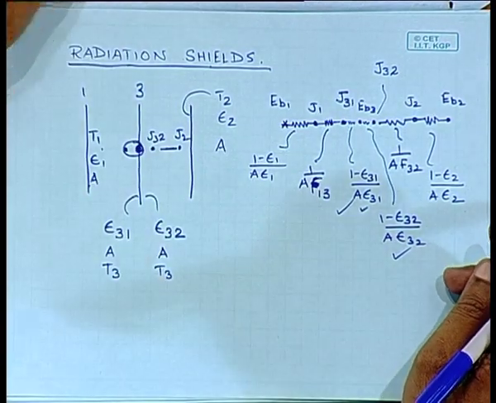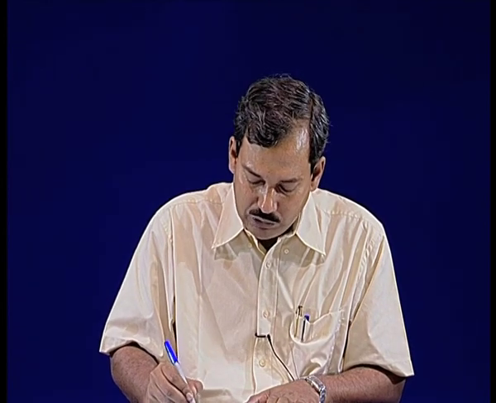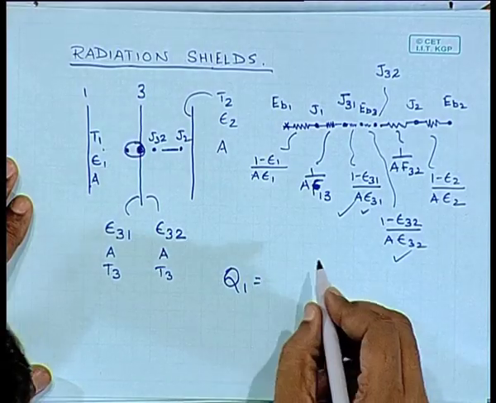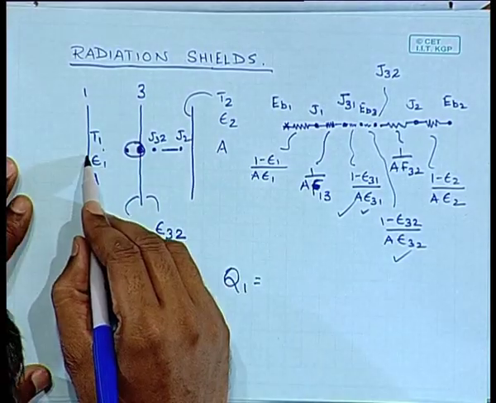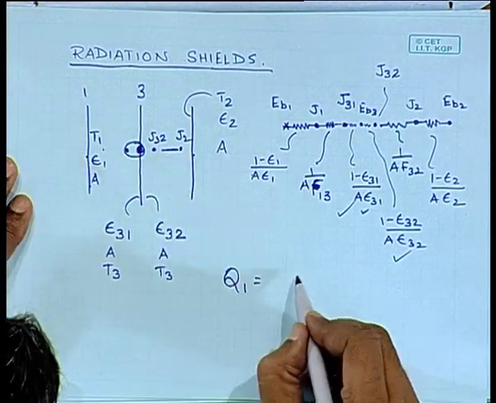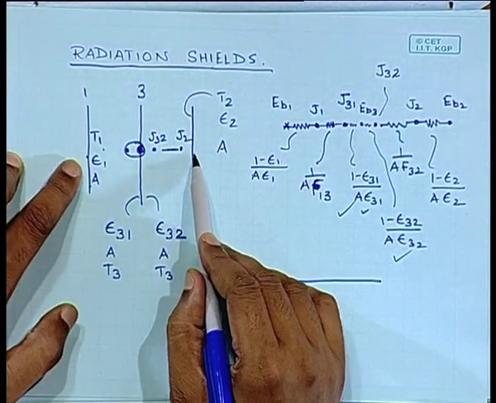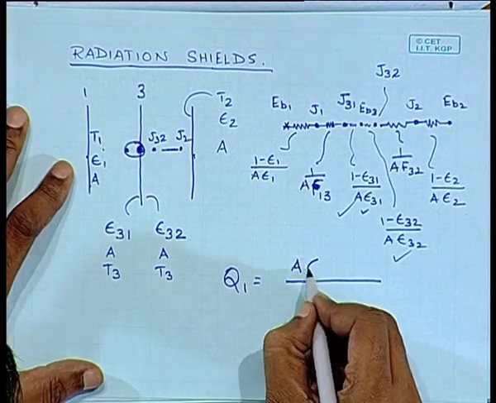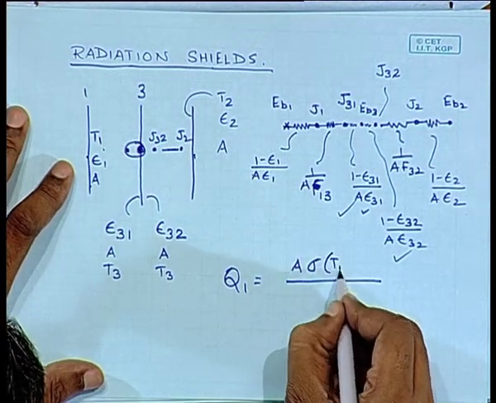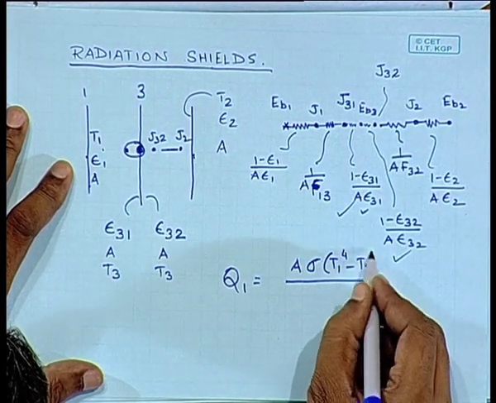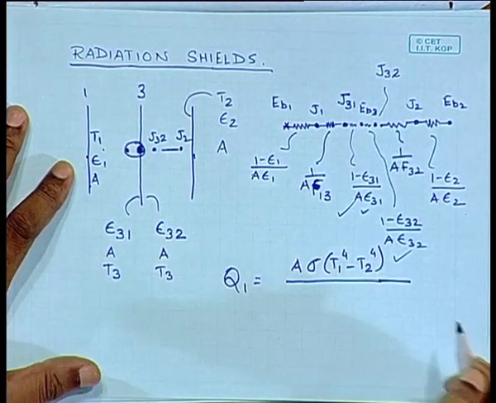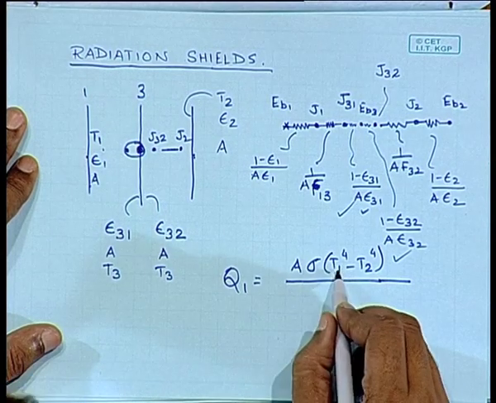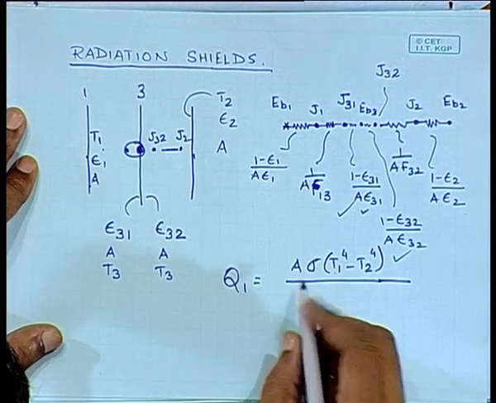So, if I am trying to find the total resistance, or the total amount of heat flow between 1 and 2, it would simply be EB1 minus EB2. That is going to be my driving force, EB1 minus EB2, which I can write in terms of the temperatures T1 and T2, divided by the sum of all these resistances.